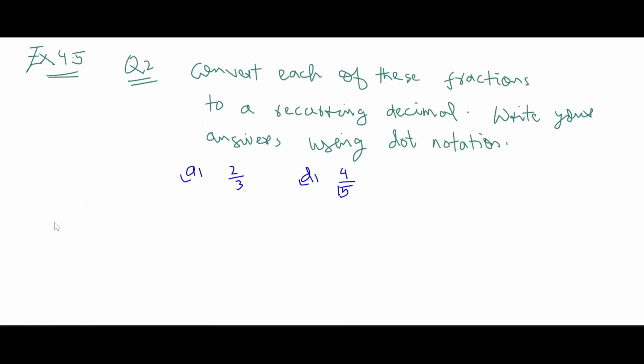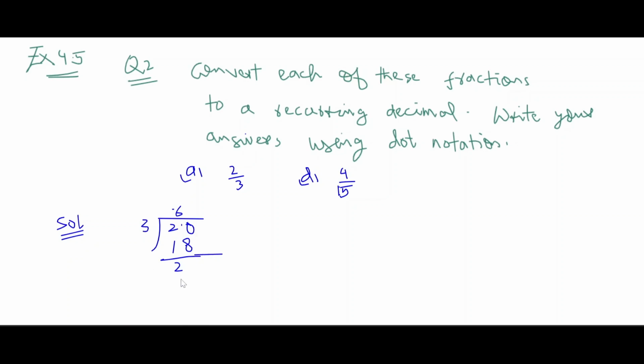Let's do it. How will we solve it? Solution: simply divide by 3. We put a dot here, and a 0, so it's 2.0, or now it's like 20. 3 into 6 is 18, we will get 2 here.